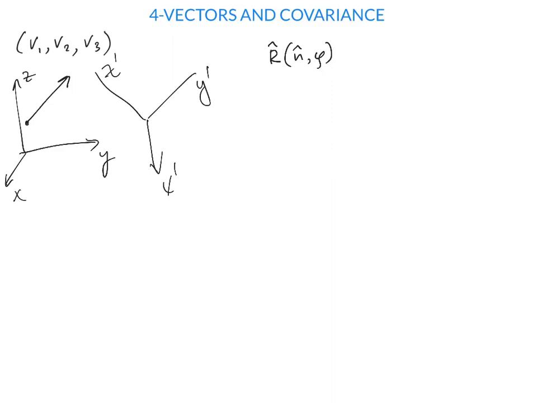So then we know that we can write that the components of the vector in a new reference frame will be given by the rotation matrix applied to the old coordinates.